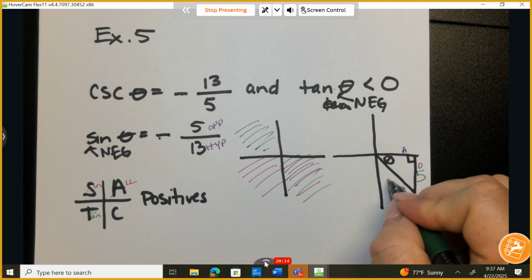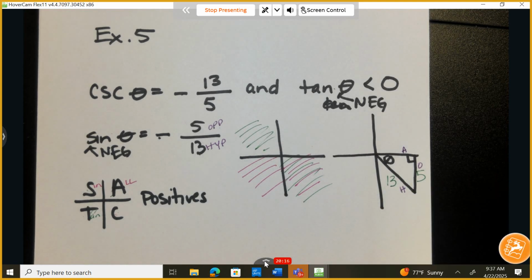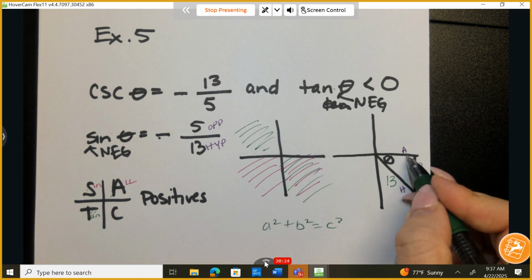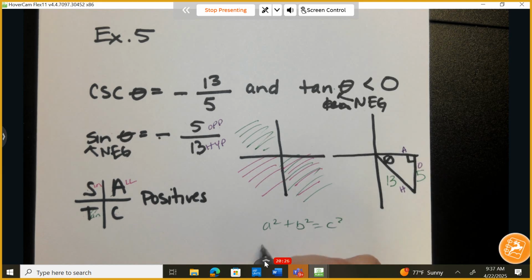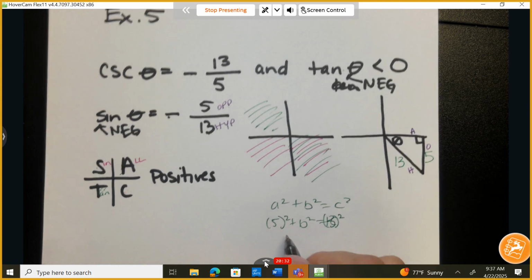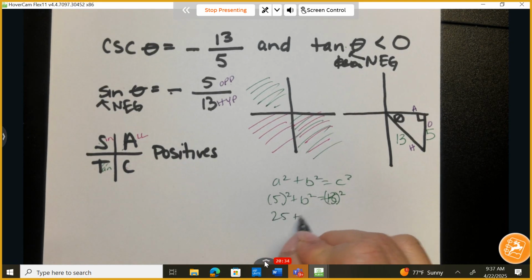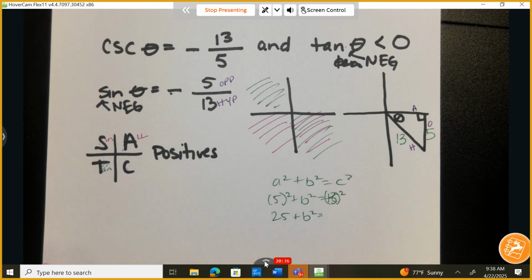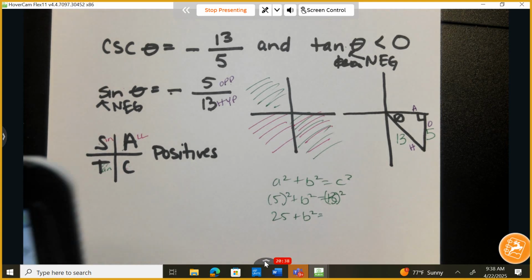The hypotenuse is 13. If you were in class in front of me, or if you were rewatching this, we are now going to find this missing side. A squared plus B squared equals C squared. These are the two lengths that create this 90-degree angle. So I know one of them is 5. I do not know the other one. 5 squared is 25. 13 squared, I believe, is 196, but I better make sure about that.